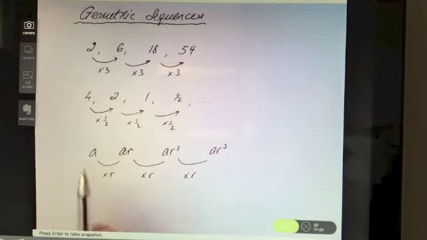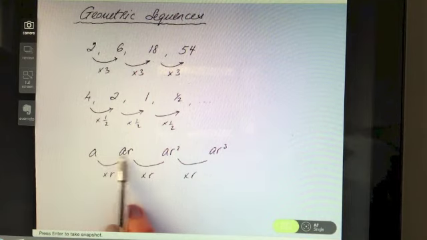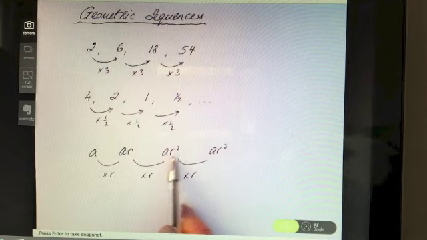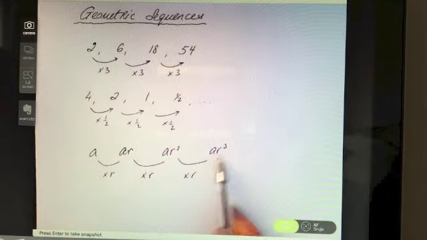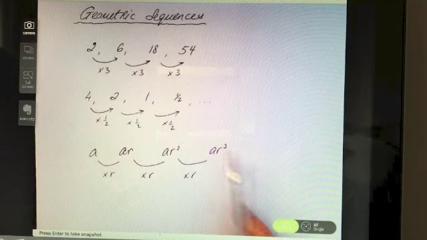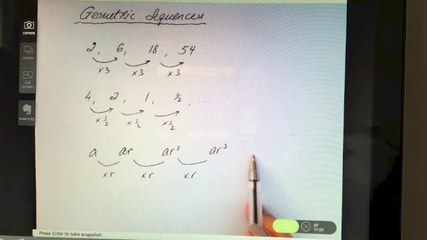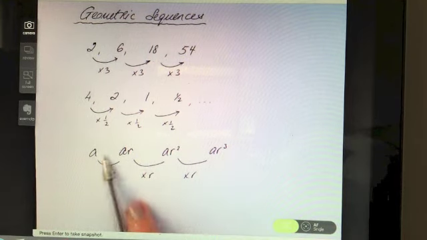So what you have here is the first term is a, the second term is ar to the power of 1, the third term is ar to the power of 2, the fourth term is ar to the power of 3, the fifth term will be ar to the power of 4, the 10th term would be ar to the power of 9, following that pattern.